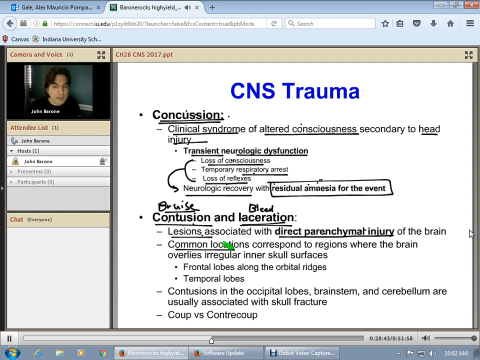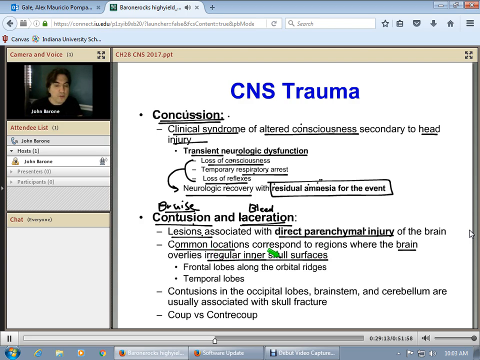Common locations are areas where the brain is overlying an irregular part of the inner skull. For instance, the frontal lobes: part of the frontal lobe hangs over the bone, so the orbital ridge can hit the bottom of the frontal lobe. If the brain goes forward, it hits that. That's one. And also the temporal bones. At the side, your temporal lobes can get bruised too.